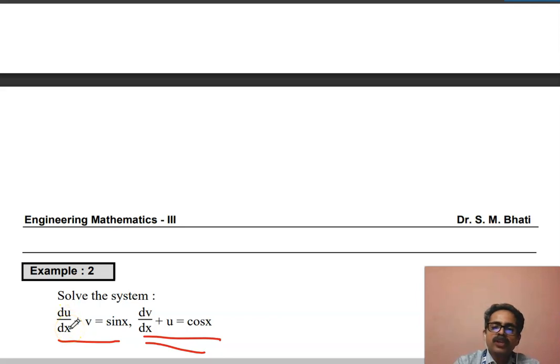Now what will be the solution here? The solution will be the value of u in terms of x and the value of v in terms of x. So simply you solve, either eliminate u or eliminate v, and obtain the values of u and v in terms of x. So you solve it, pause this video, solve it, and you can verify your answer.